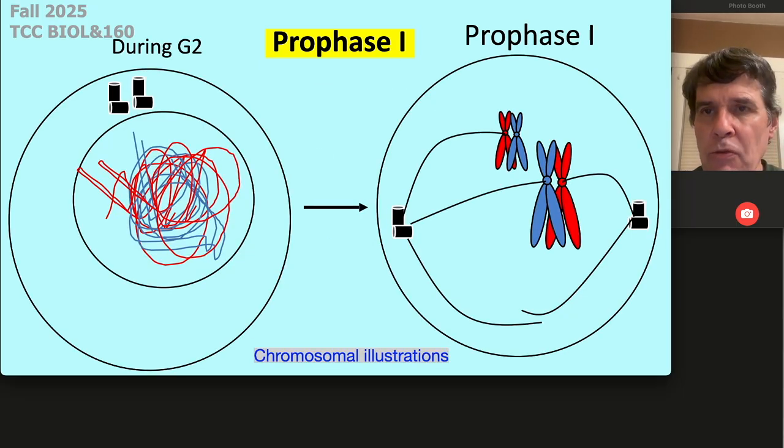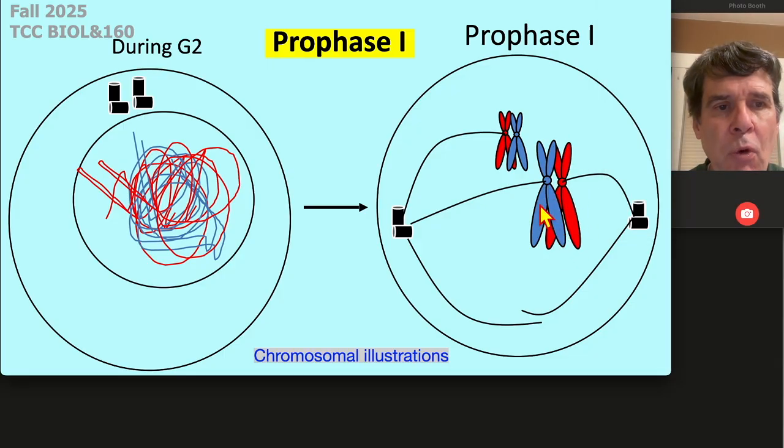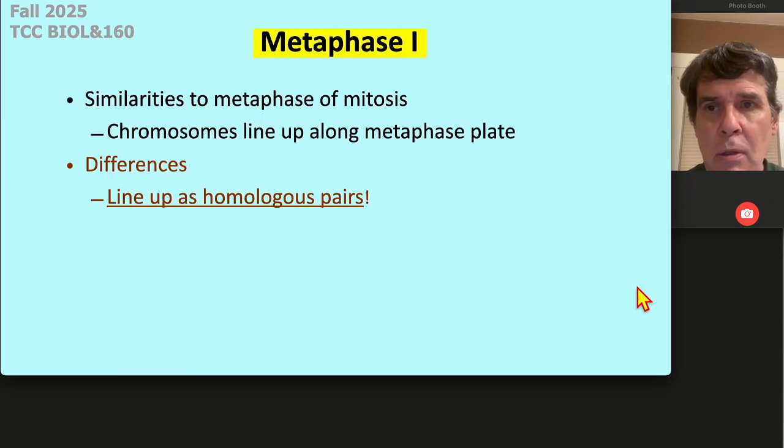Here's another illustration of the interphase cell moving from late G2 into prophase 1 with, here are the tetrads forming, telling us that this is meiosis occurring and not mitosis. Metaphase 1 occurs the same way.